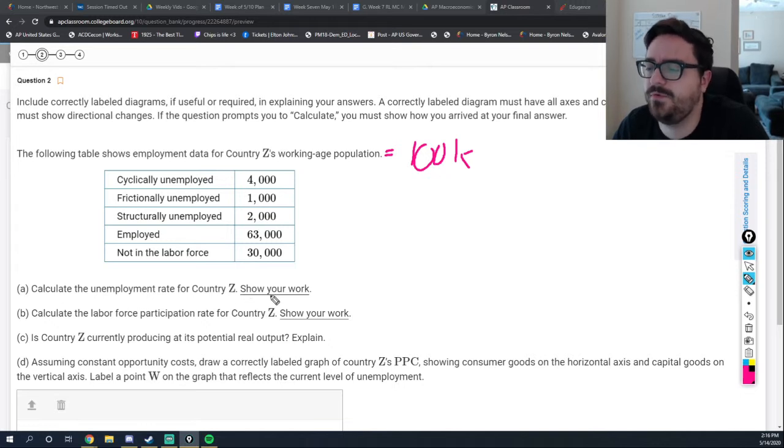Calculate the unemployment rate for country Z. Show your work. So what does unemployment rate equal? Oh, that's way too big.